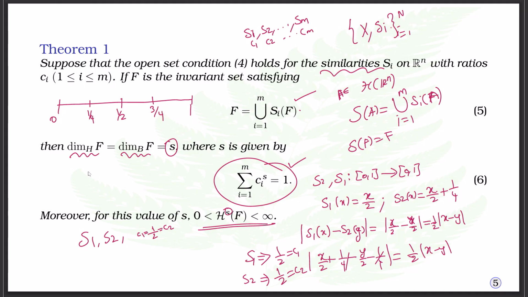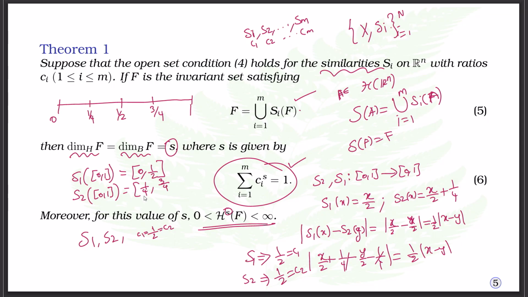So, applying S1 to the closed interval [0, 1], we get [0, 1 by 2]. If you apply the S2 mapping, one can get the closed interval [1 by 4, 3 by 4].